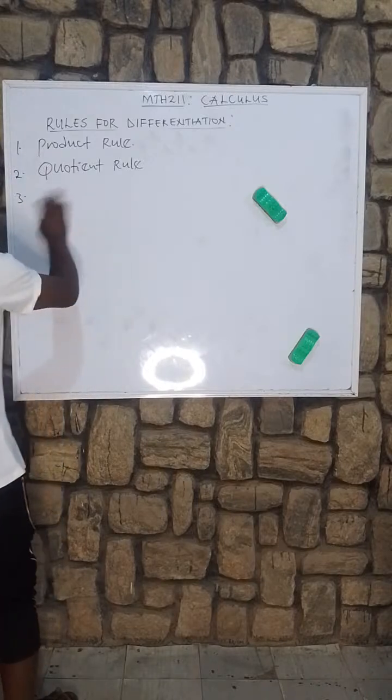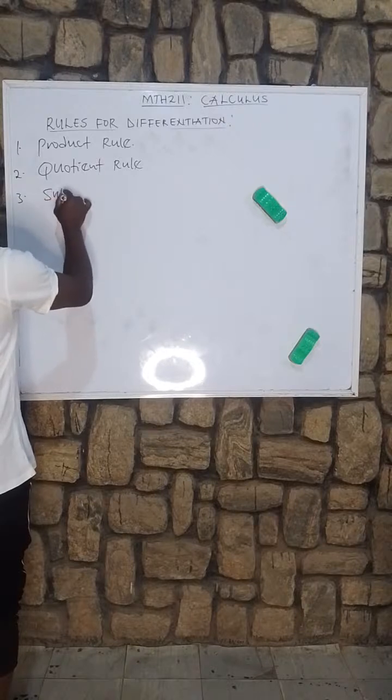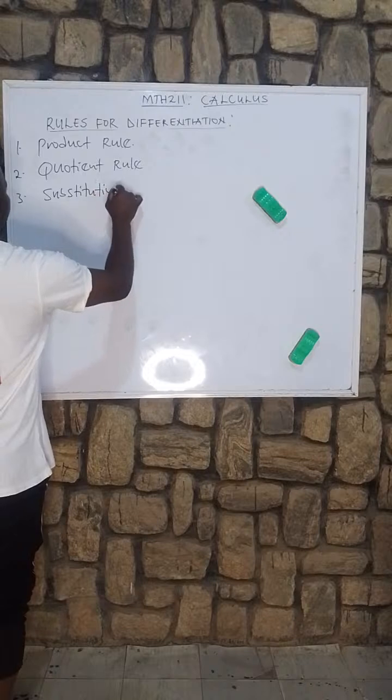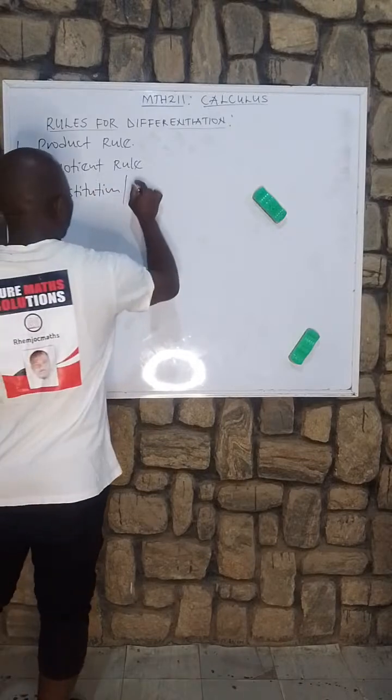But I call it substitution stroke chain rule.